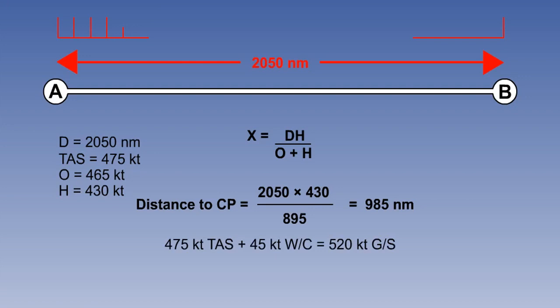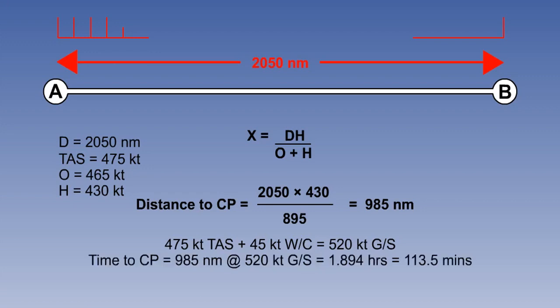Therefore, a TAS of 475 knots, plus a tailwind of 45 knots, gives a ground speed out to the critical point of 520 knots. So our time to the critical point is 985 nautical miles at a ground speed of 520 knots, which comes to 113.5 minutes.